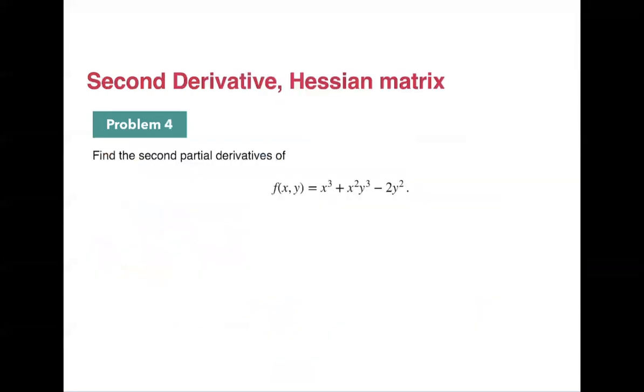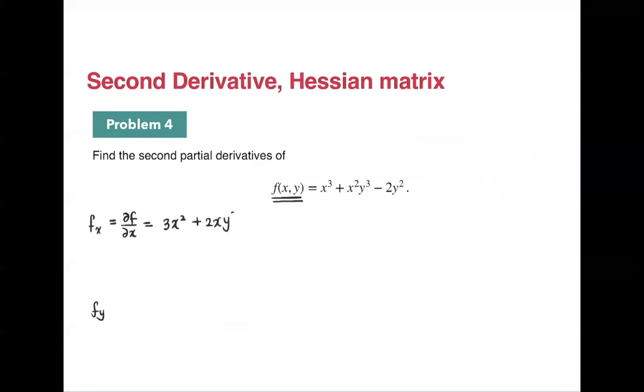Since you know how to calculate a partial derivative, the second derivative is just the repetition of partial derivative. Here f is a function of 2 variables, x and y, so you can calculate fx and fy, right?